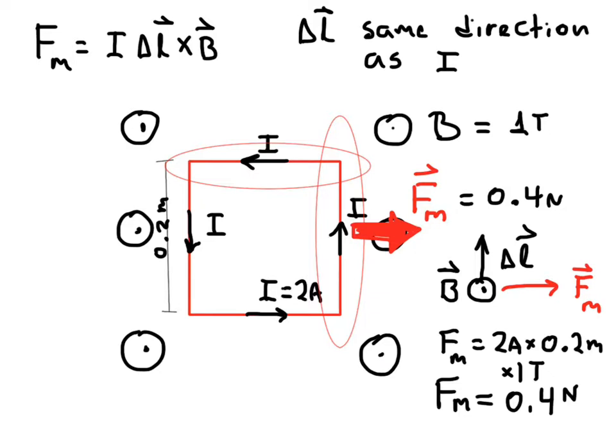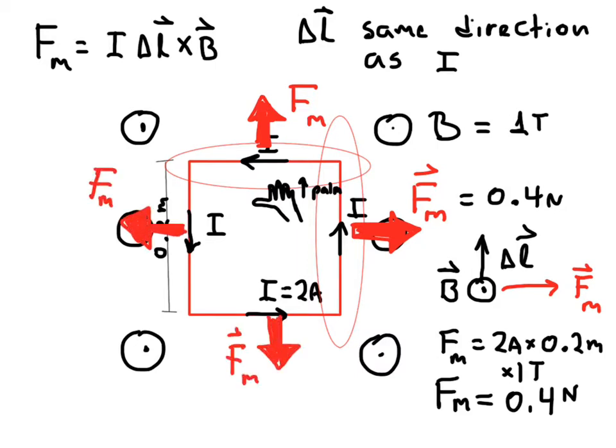Thumb to the left, fingers out of the screen, your palm is pointing up the page. That's the direction of the magnetic force on that section of the loop. It has the same magnitude as before, 0.4 newtons, because it's the same length, and obviously it is the same current that you have everywhere in the loop.